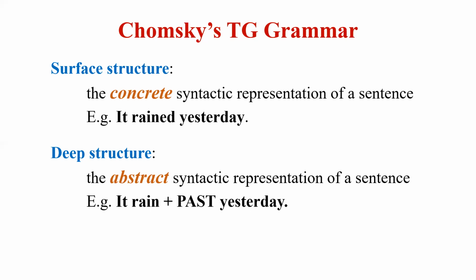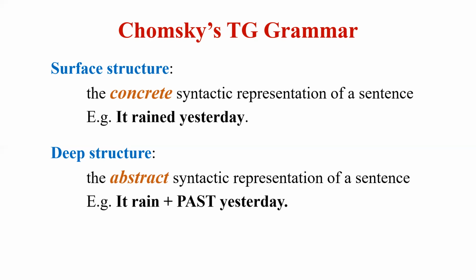I say, okay, it, then rain, plus past. I have to say past tense because I'm talking about yesterday. So this is an abstract syntactic structure: it, rain, plus past, plus yesterday. And when I speak, this is the sentence that comes out to the surface: it rained yesterday. I have added ed to the verb rain to indicate that it was past tense.